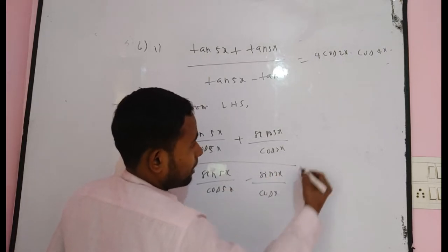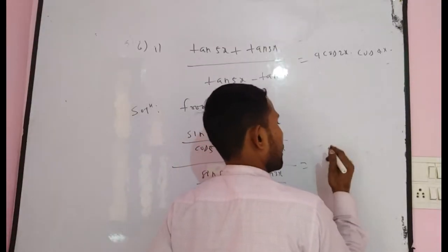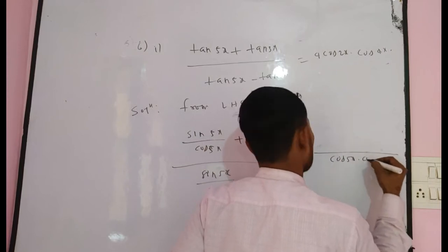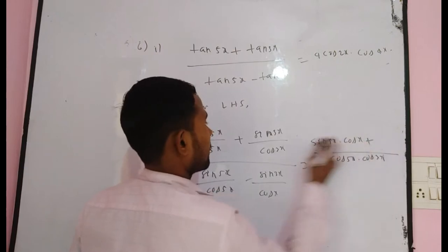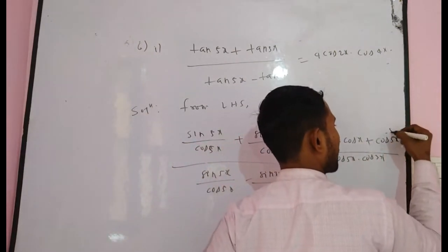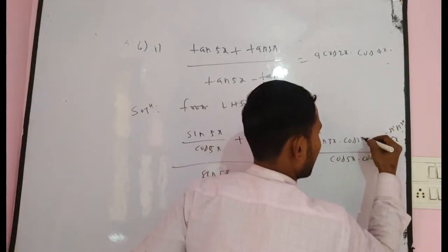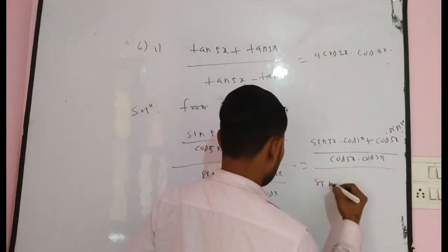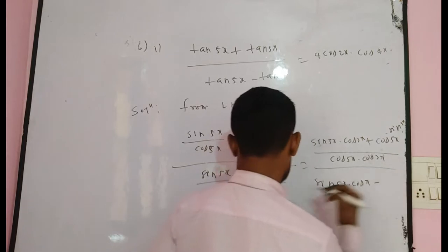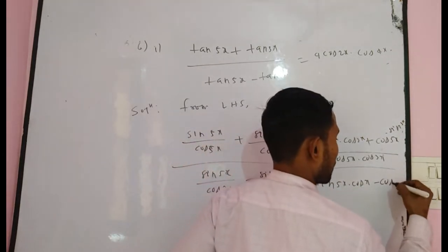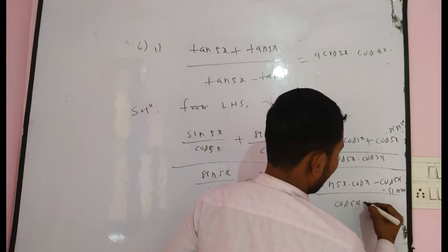After taking the LCM, cos 5x into cos 3x, in the denominator, you write in the numerator sin 5x into cos 3x plus cos 5x into sin 3x, divided by cos 5x into cos 3x.